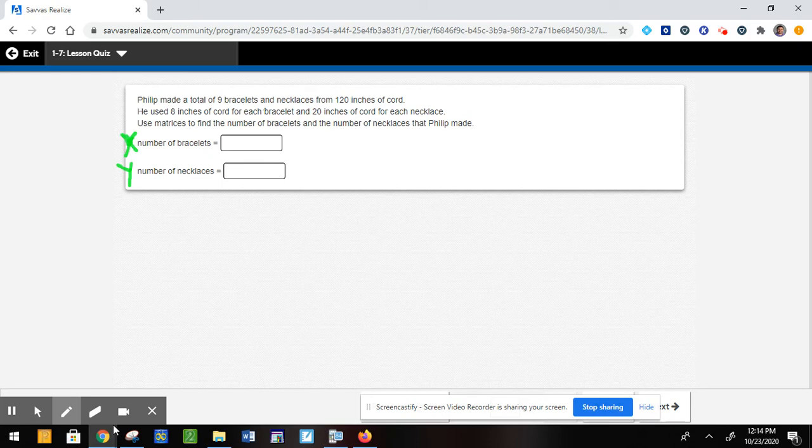If he has a total of 9 bracelets and necklaces altogether, that means x plus y is equal to 9. And then the other equation is going to be based on the amount of cord that he has. It's 8 inches for one bracelet, so 8 times x would be all the cord he used for all the bracelets.